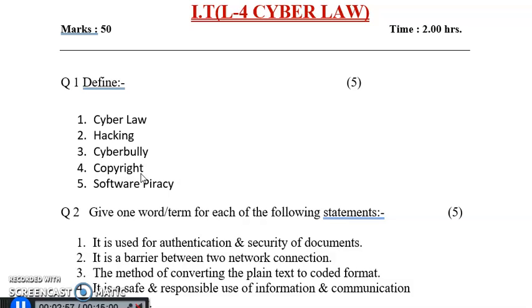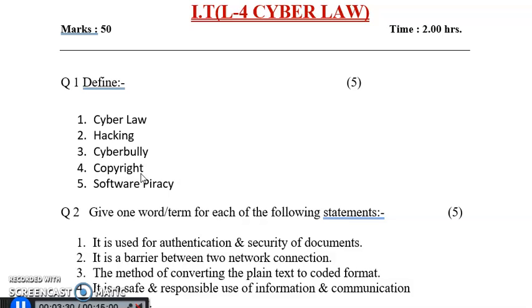Next is software piracy. Now we already know that there are so many softwares available in the market. The softwares are created in two manners. One is closed source and second is open source. Now the open source is available to all of them. It is free of cost. Anyone can randomly download it from the internet. But in the case of closed source software, you need to pay the developer, the owner, and then only you can use those software.